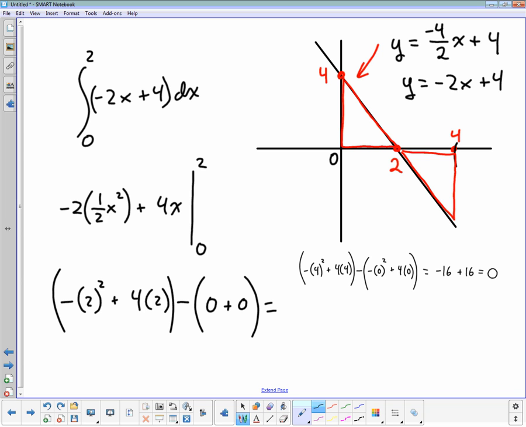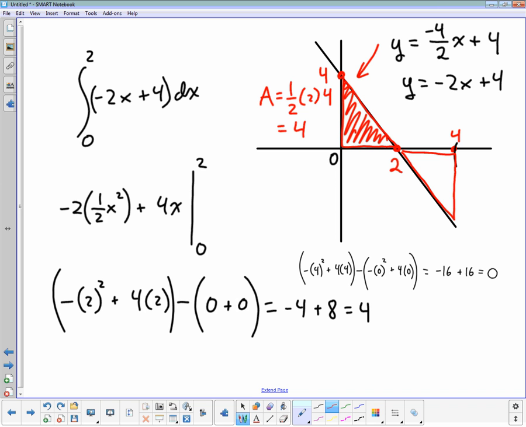So I wind up with negative 4 plus 8, which is 4. Okay, that's fine and dandy. Let's see if we're right. This geometrically is a triangle, so we have the formula 1/2 base times height. My base is 2 and my height is 4, which is the same as what we got when we integrated.